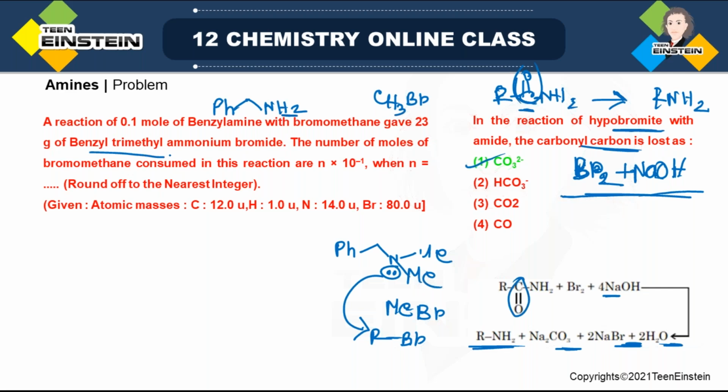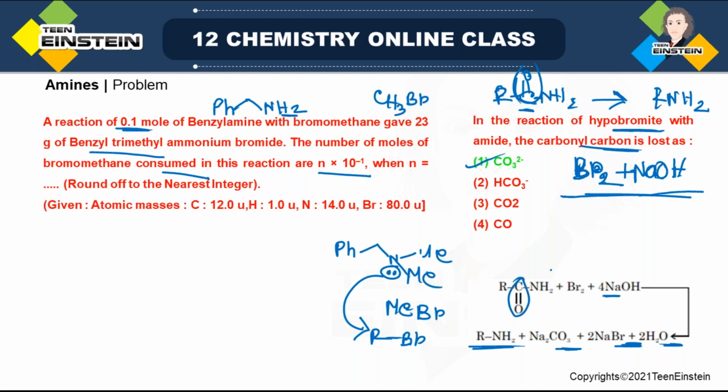Now in this case, the number of moles of bromomethane that will be consumed, suppose it is expressed in this way, n into 10 to the power minus 1, where n you have to round off to the nearest integer. It is also mentioned that 23 gram of benzyl trimethyl ammonium bromide is obtained. Though this value is given, you don't have to bother about it because you know the starting amount of benzylamine, which is 0.1.